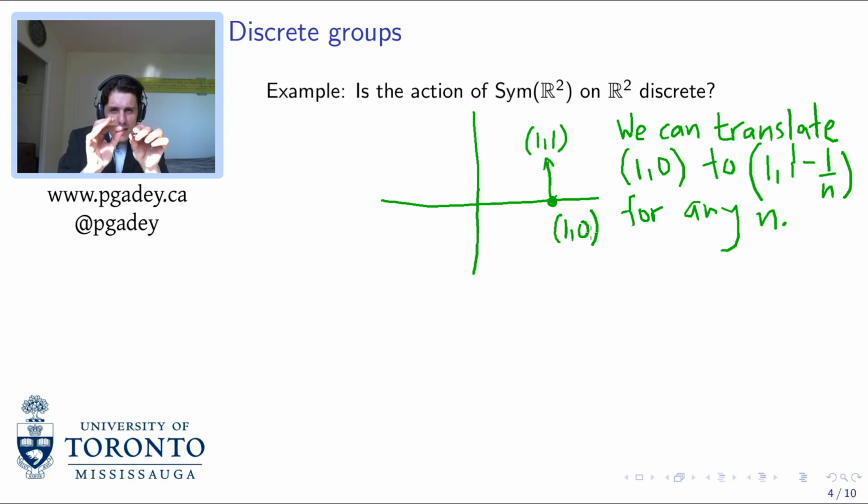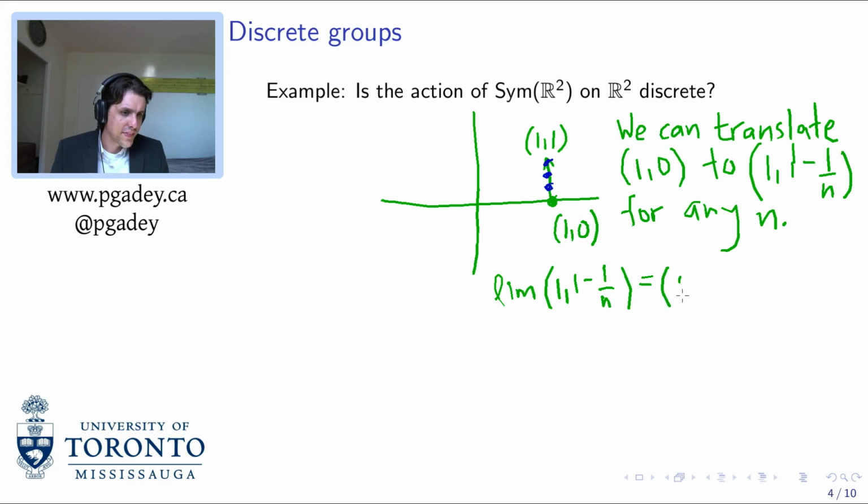Right, so we have a sequence of points that's going to get closer and closer to (1, 1). Right, so we know the limit of (1, 1 - 1/n) is (1, 1). So we see that these are collecting up at (1, 1). And there's many, many other places in the orbit where this limits to.